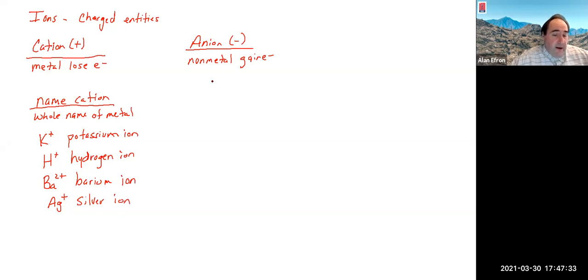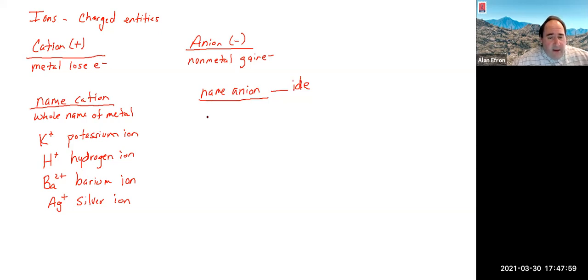What about our anions? In terms of naming our anions, what we typically do is use the root of the nonmetal name, and the ending part gets changed to -ide. So we drop the last part of that nonmetal name, insert our -ide, and that's how we would name anions.